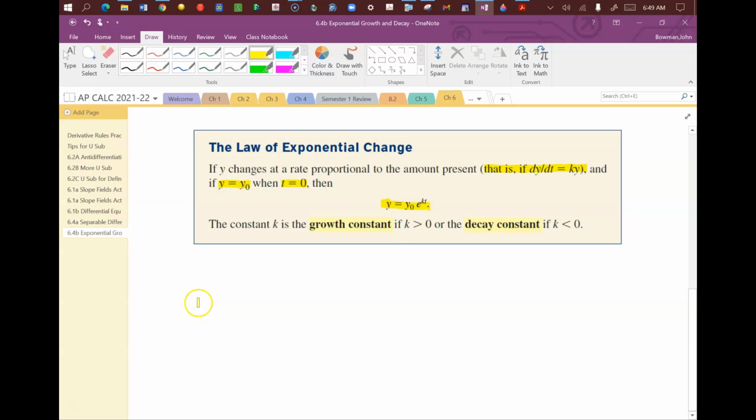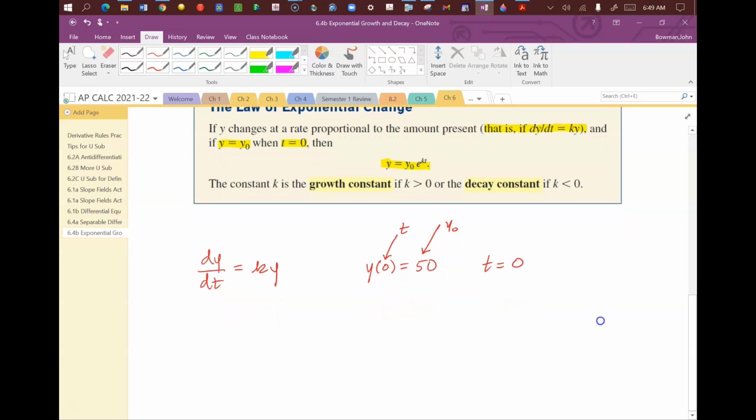So let's start with this example. We have dy/dt is equal to k times y, and we know that y is 50 when t is equal to 0. So remember, this would be our t value, and this would be our y0 value.